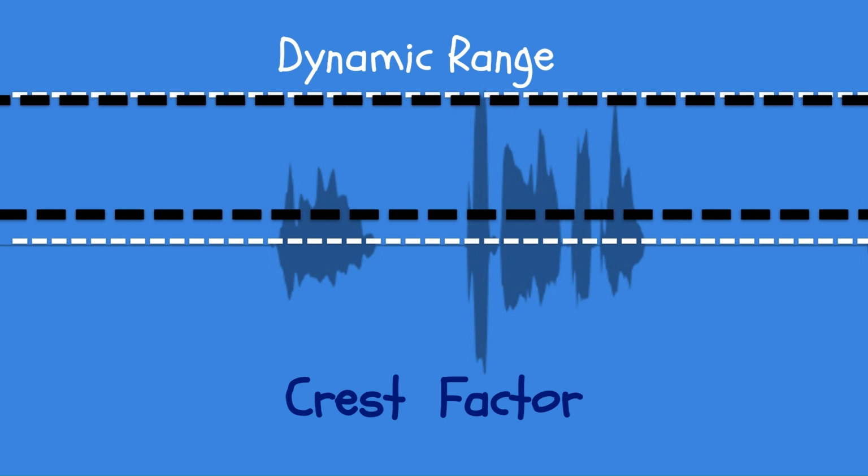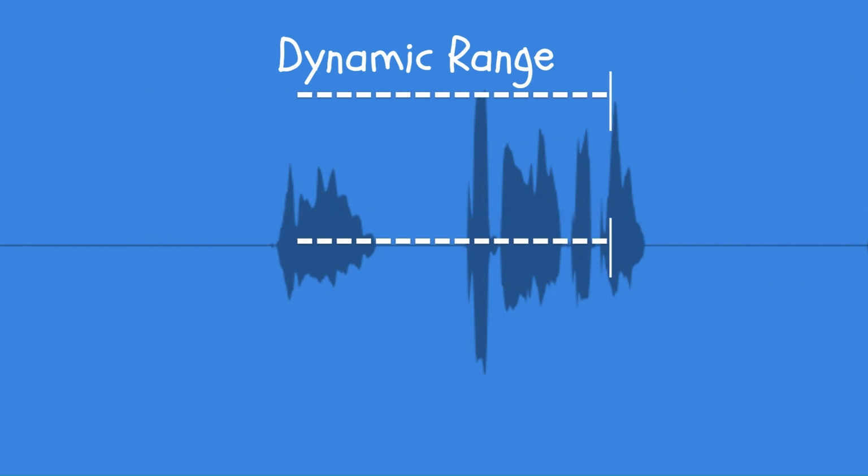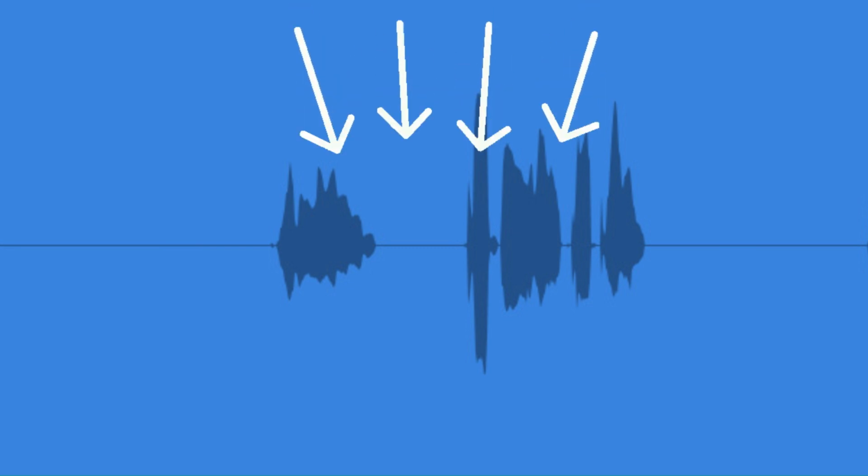Well, the crest factor looks at the difference between the average volume and the peaks. That's really starting to focus in on the important things that help human beings perceive the sound in a certain way.